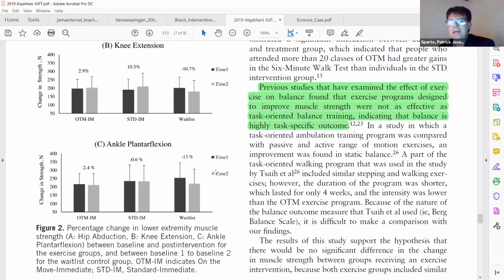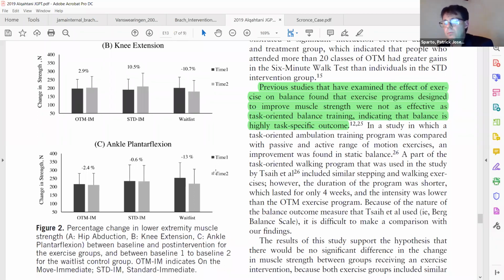So I think the second key take-home point is that participants who are just continuing on with their daily lives are having reductions in strength, and these group exercise programs can counteract that by either maintaining strength or even increasing it.